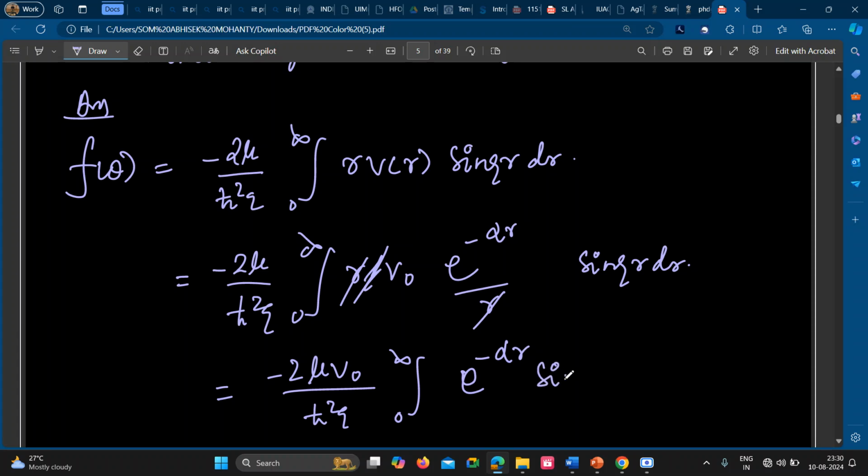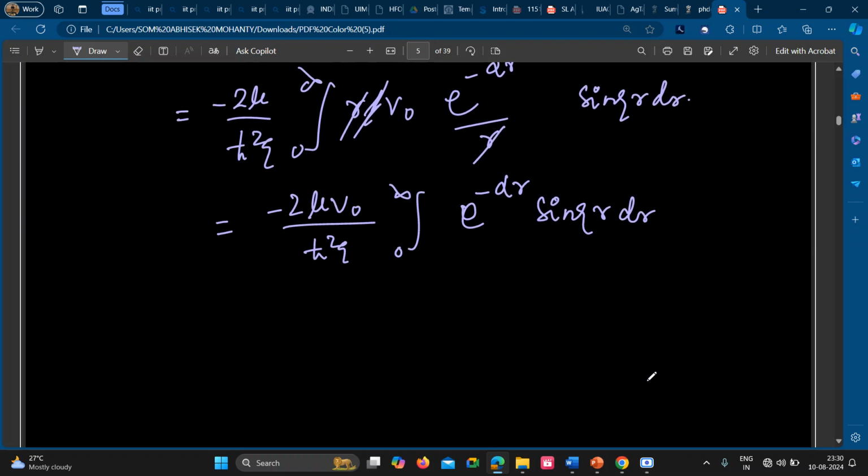sine qr dr. I told you a formula yesterday, exactly this formula. If you remember, what is the formula? The integral from 0 to infinity of e to the power minus alpha r sine qr dr has a direct formula: q by q square plus alpha square.